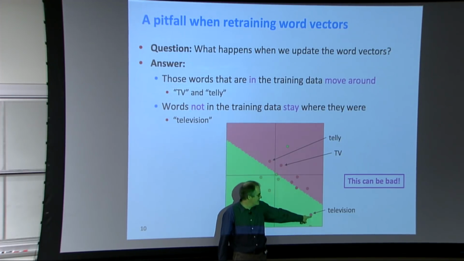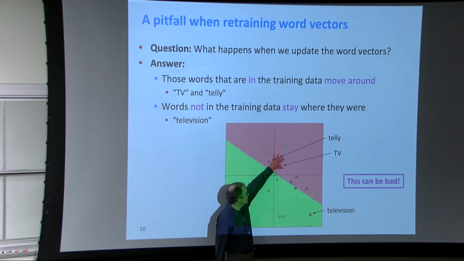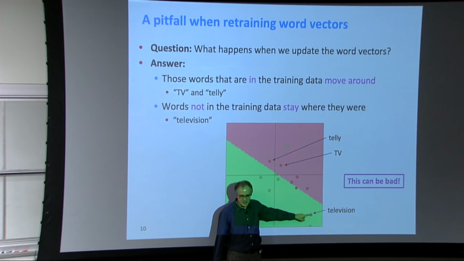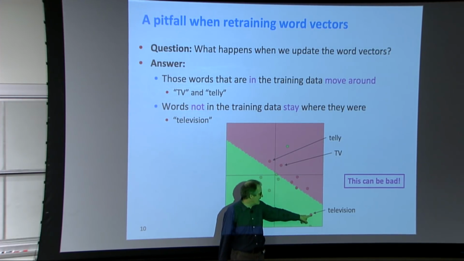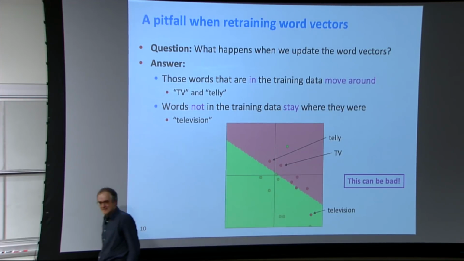So this word goes nowhere. It just stays where it was all along. So if the result of our training is that words get moved around, so here are good words for indicating negative sentiment, then at test time, if we evaluate on a sentence with television in it, it's actually going to give the wrong answer.